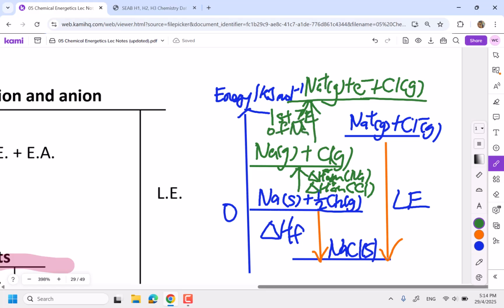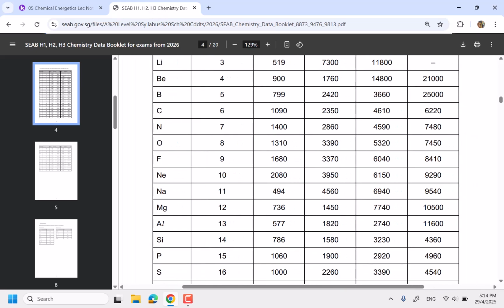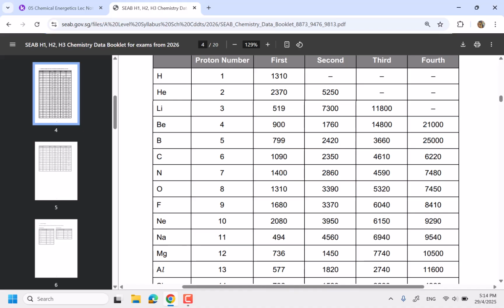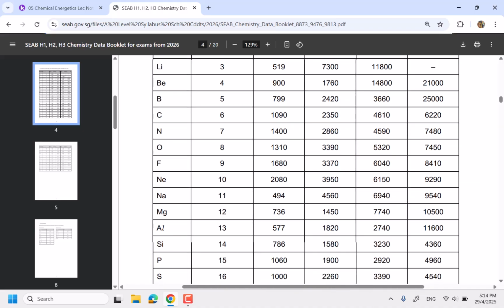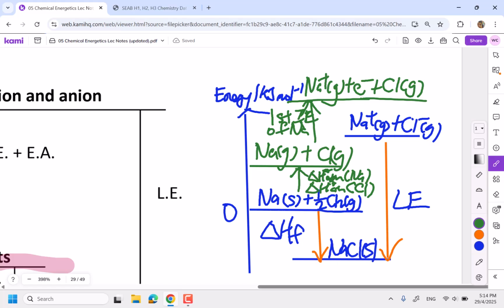In case you don't know where to find the information, it's in your data booklets. If you just scroll down, this is the first IE. The information is over here: 494 kilojoules per mole. So for IE information, please look up the data booklets. Then you define electron affinity downwards. So this is the first EA of Cl gas.